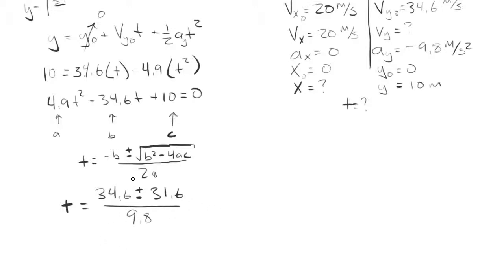That's what you get if you do all the work of evaluating what's in the square root. Now there's a plus and a minus, so I'm going to get 2 answers. One of those times is 6.76 seconds. Another one of those times is 0.30 seconds.